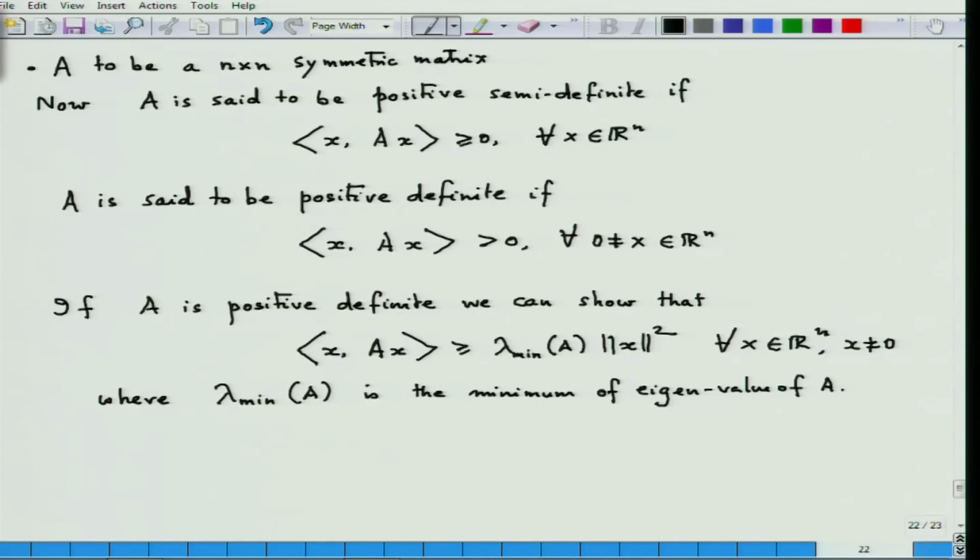It is important, however, to note that if A is positive semi definite, all eigenvalues are non negative.